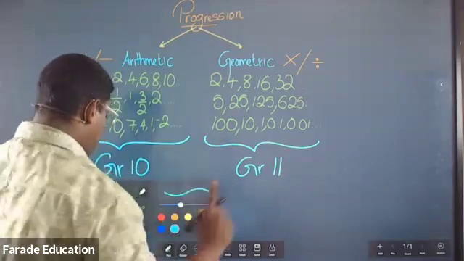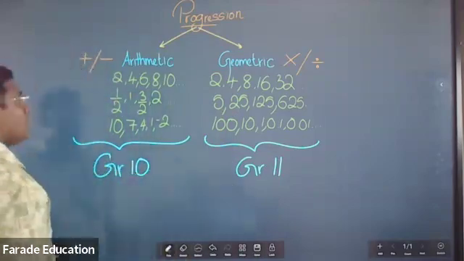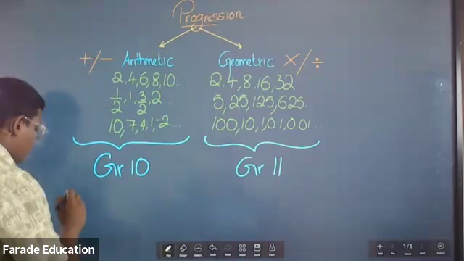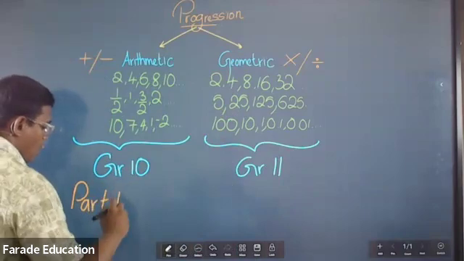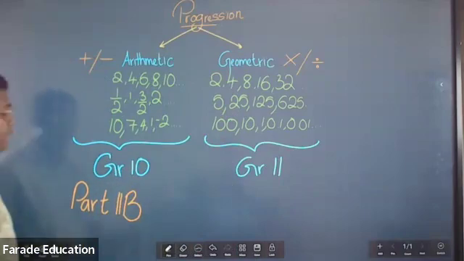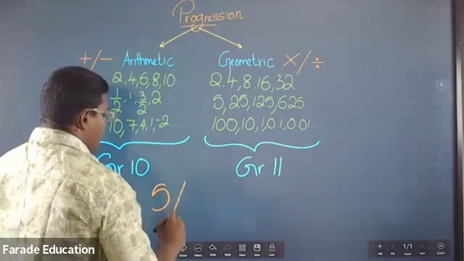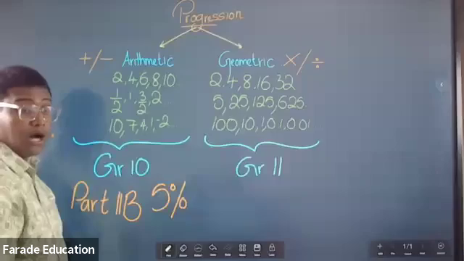But the special case is arithmetic gives you a question in part 2B, which gives you 5 marks out of 100 in your paper.